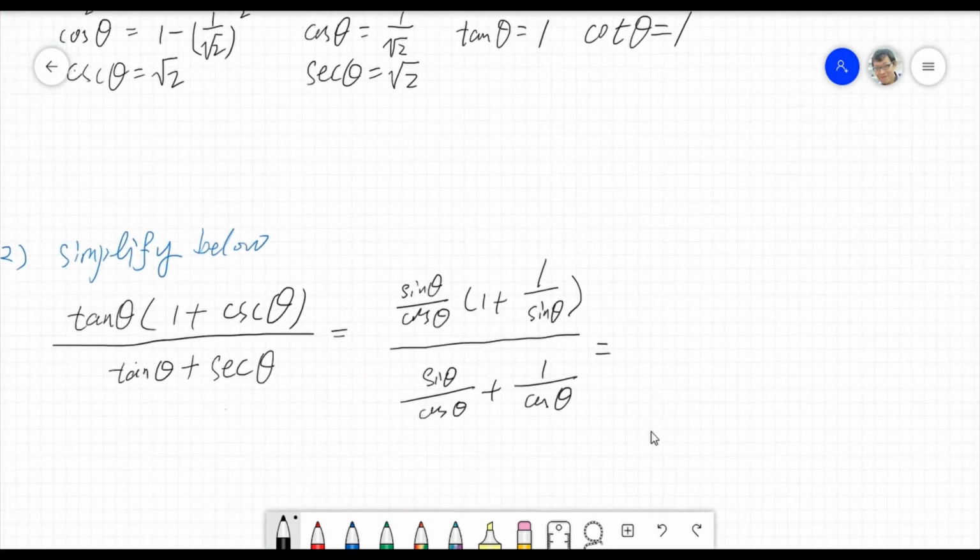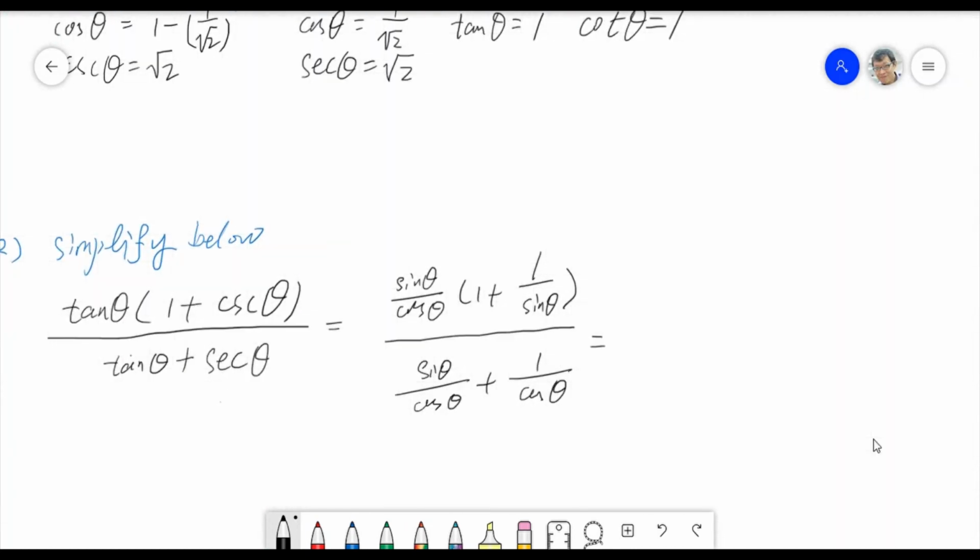So let's simplify on both sides. The numerator side: this one will be cosine theta sine theta. Am I right? And this side, nothing changed: sine theta and this should be sine theta plus 1.